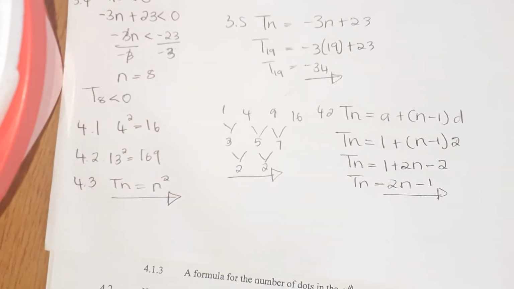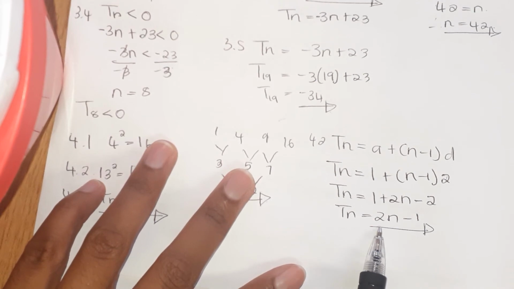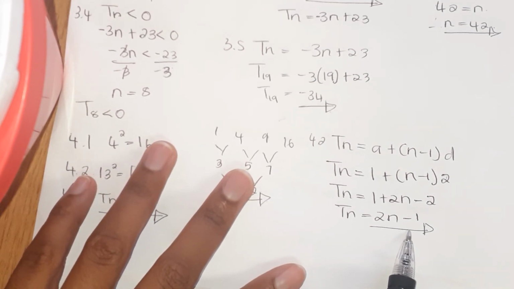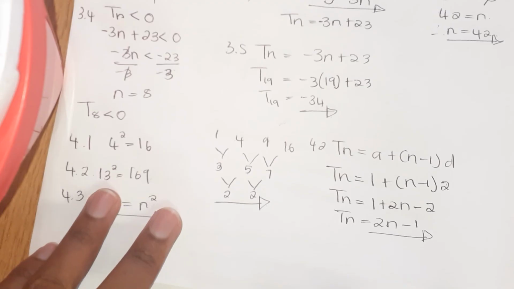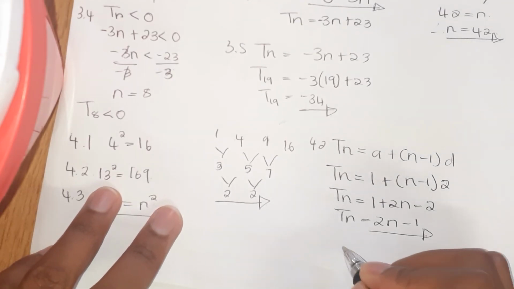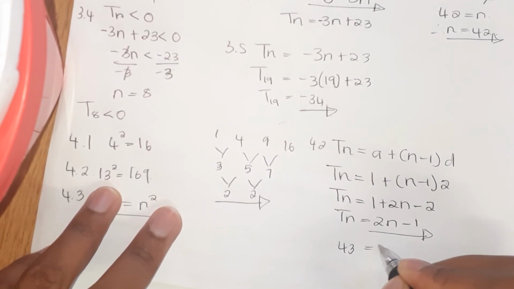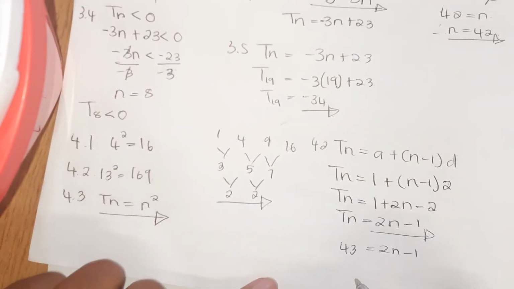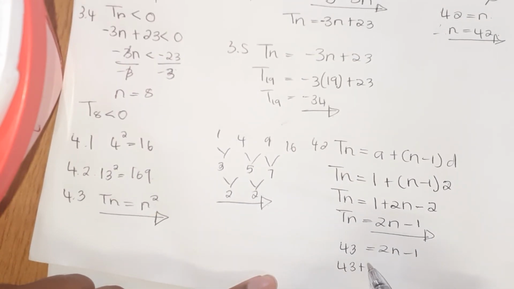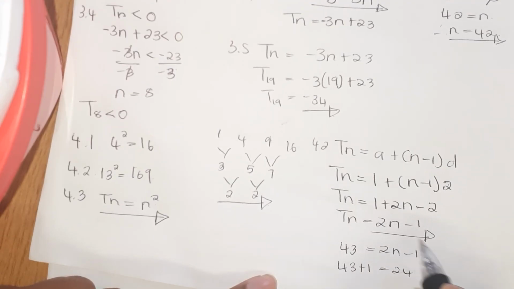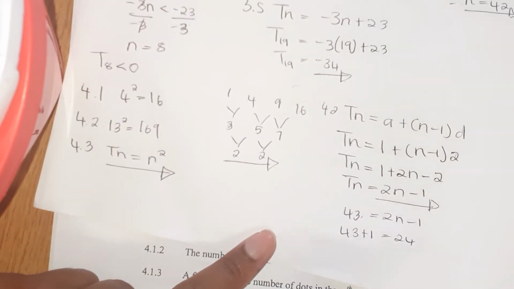And then here we hence or otherwise calculate the value of 1 plus 3 plus 5 plus up to 43. So we are calculating the total of this sequence. This is the formula for the nth term, and now it ends at 43. So we say 43 equals 2n minus 1, then 43 plus 1 equals 2n. The negative becomes positive on this side.